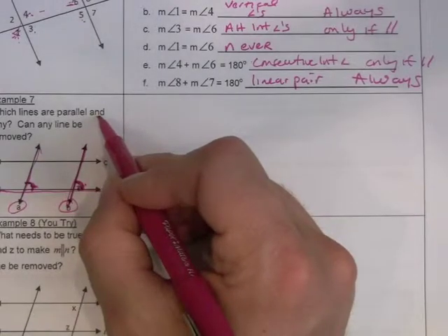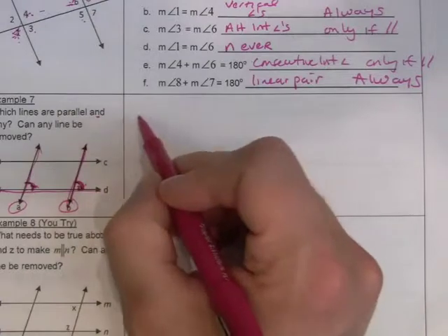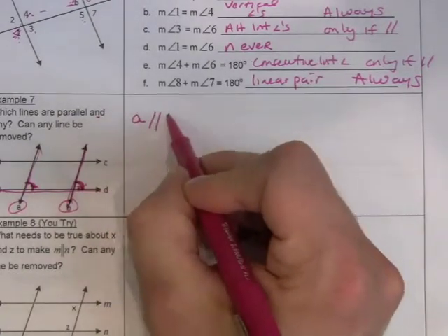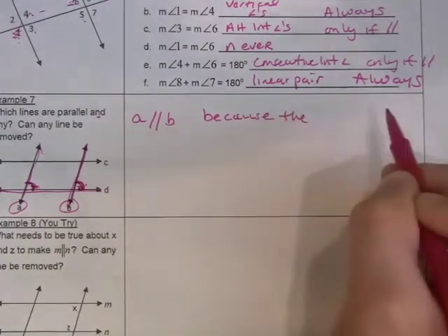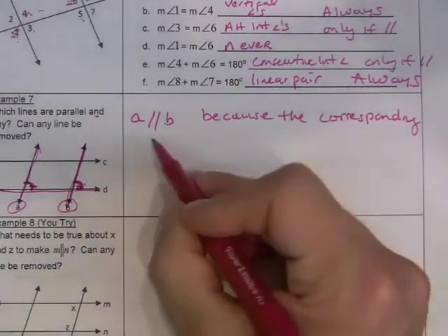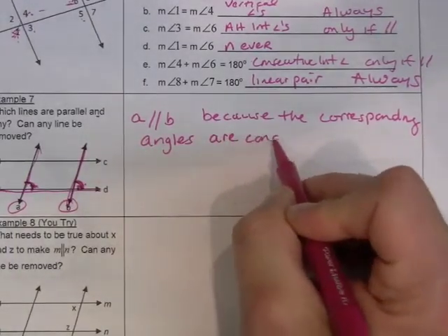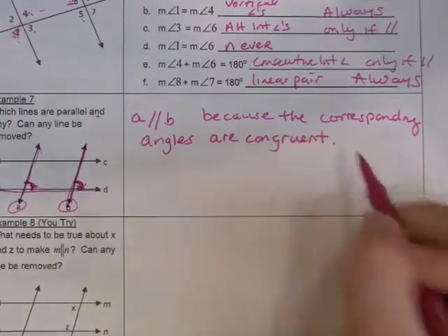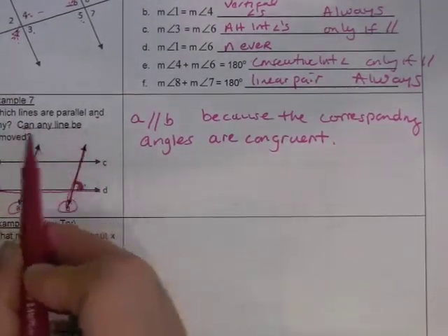So to answer which lines are parallel and why, we know that A is parallel to B because the corresponding angles are congruent. The second part of this question says, can any line be removed?